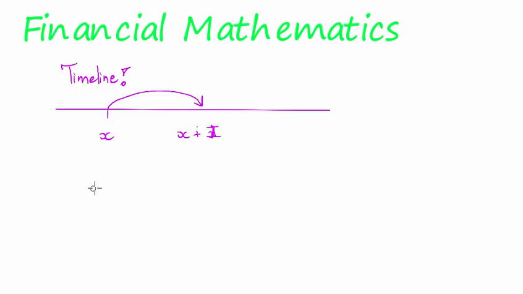Now how would we get that interest? Interest is equal to the x value that we had times the interest rate for that period.